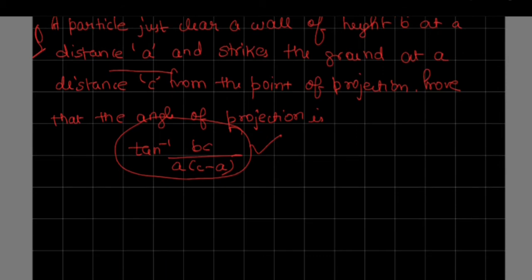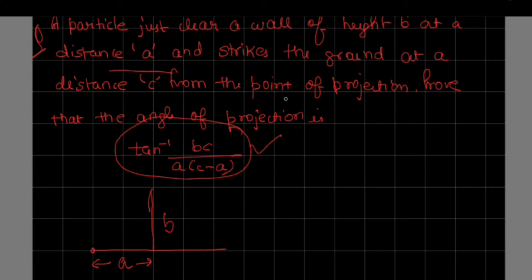Okay, so let's make a figure. Firstly, a particle just clears a wall. Let's say a particle starts from here, and here's a wall of height b, and the particle is at distance a from the wall.